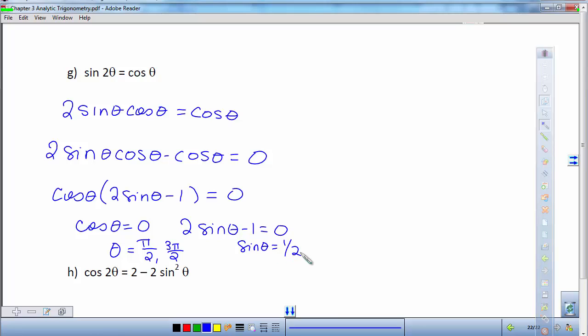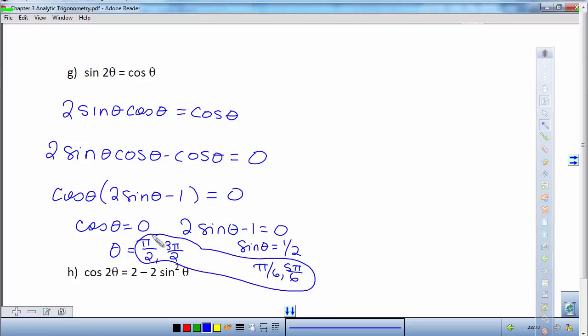Where does that happen? Very good. All right. And those are our solutions. Notice if we had divided by cosine on both sides, we would have missed two solutions. Okay, so this was the best way to do it.